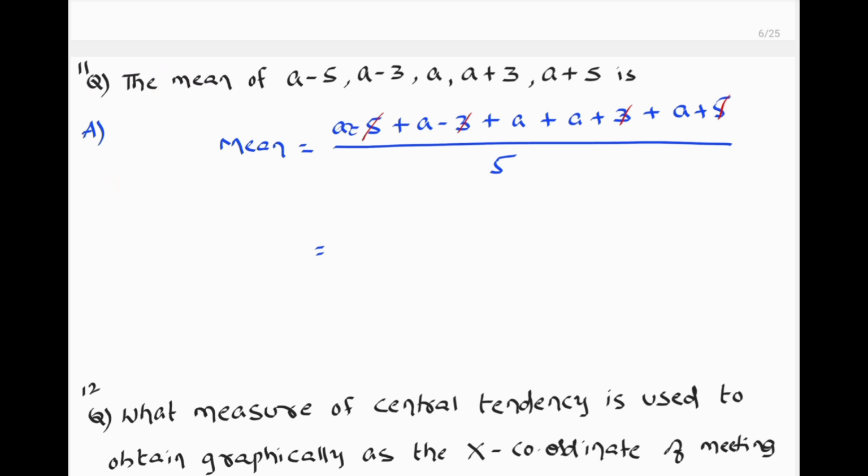Therefore, a, a, a, a, a, so 5a by 5. So mean will be a.